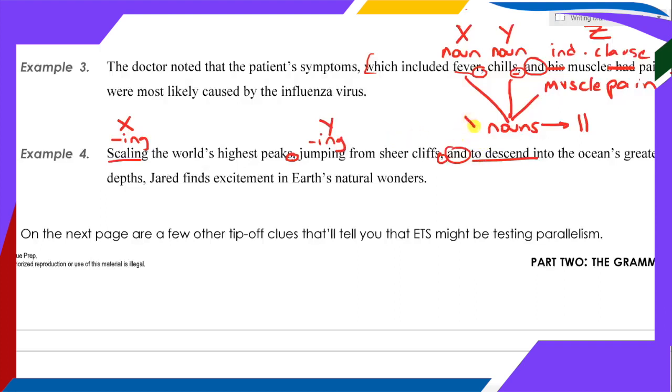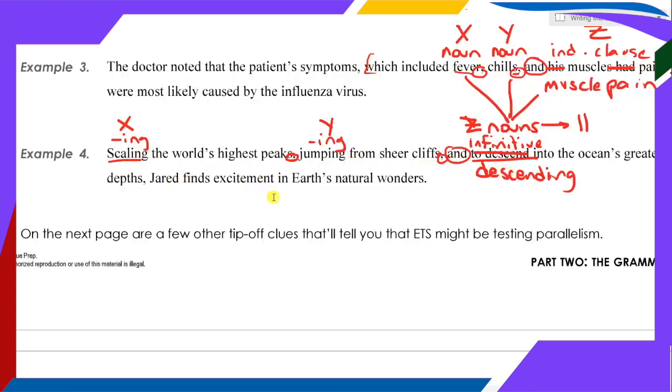So our Z here is an infinitive, and we don't want to do that. We don't want to switch from INGs to an infinitive. What we want to do is make this infinitive into an ING. We'll make it descending, and then we have our X ING, Y ING, and Z ING. Scaling, comma, jumping, comma, and descending, Jared finds excitement.